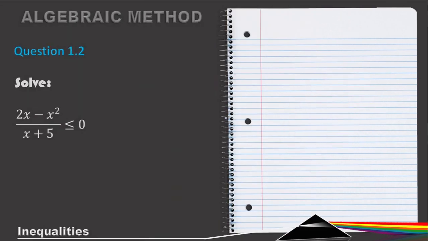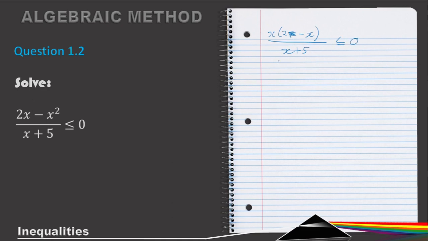Right, question 1.2. So just factorize this completely. We take out x, 2x minus, okay, wait, this is 2 minus x, over x plus 5, is less than or equal to 0.